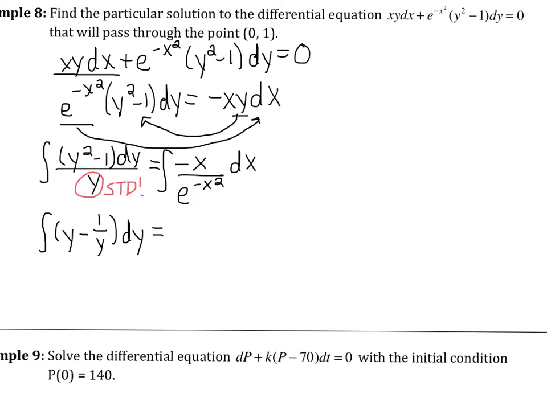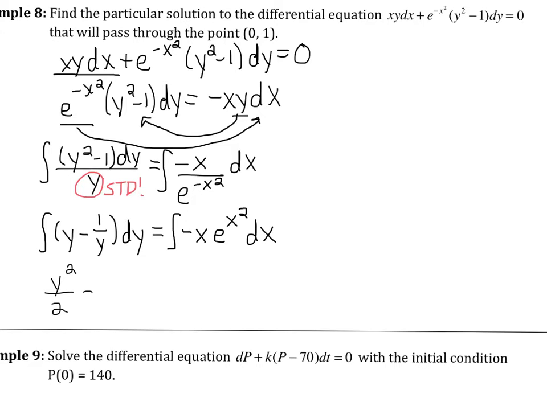Okay, well actually maybe it would be helpful, instead of negative x over e to the negative x squared, let's bring the e to the negative x squared up into the numerator so that we're left with negative x e to the positive x squared dx. That's going to be a little bit easier to handle. Okay, so let's integrate both sides. The antiderivative of y will be y squared over 2.